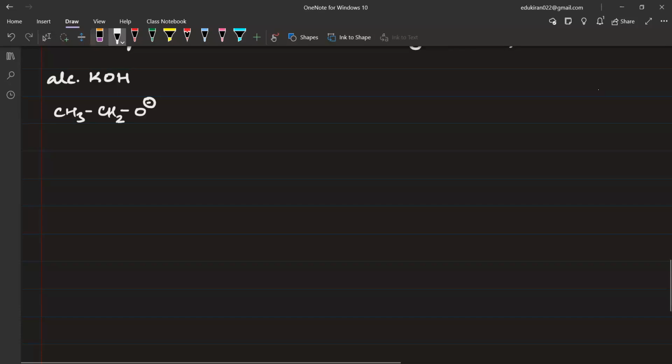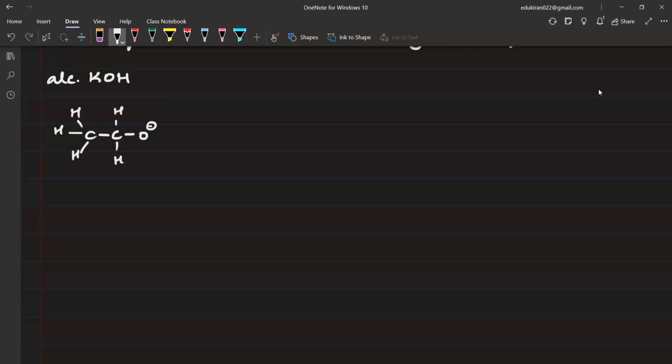If you draw the complete structure of this, it's going to be a large molecule. Carbon with 3 hydrogens, bonded to carbon with 1 hydrogen here, another hydrogen here, and then we are having O negative. Fine.